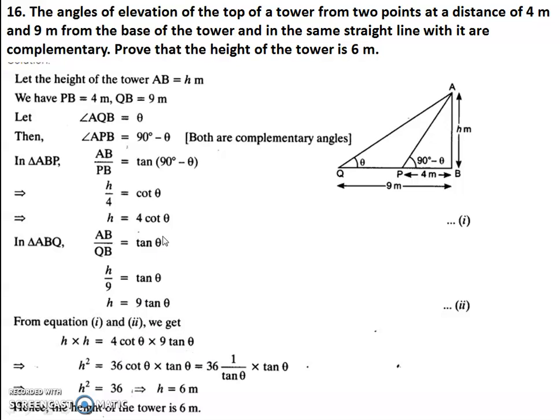Multiplying it, it's not equating, multiplying it. h square is equal to 36 cot theta into tan theta. What happens to this cot theta into tan theta? It is 1. So, h square is equal to 36. What is the square root of 36? It is 6. So, the height of the tower is 6 meter.